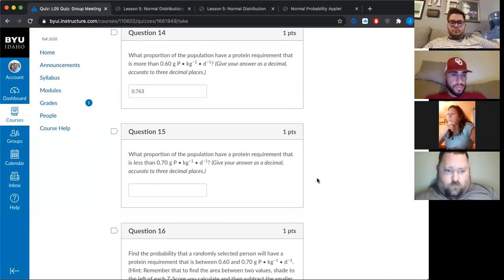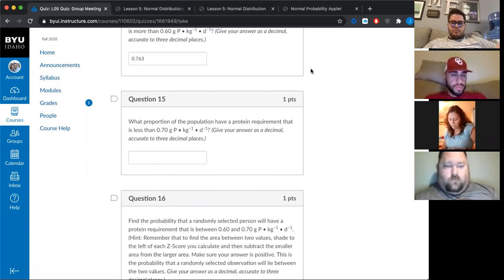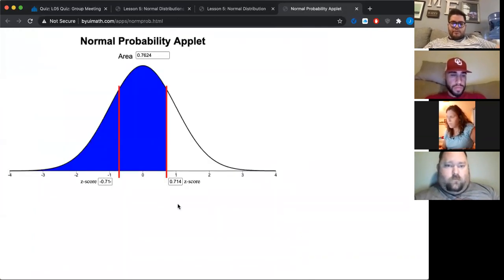Okay, so what I got for this question 15, the z-score doesn't change. It's just the positive end. It's 0.714 positive. So then anything less than that would be the 0.762, right? Is that what you guys got? Mm-hmm.